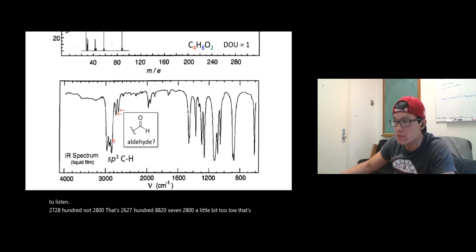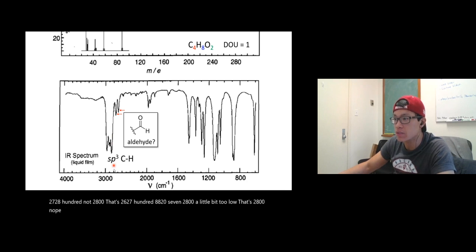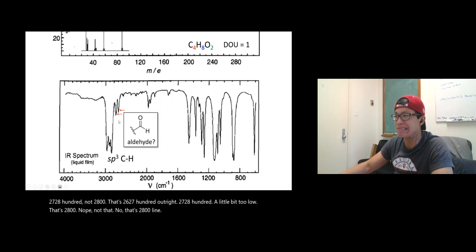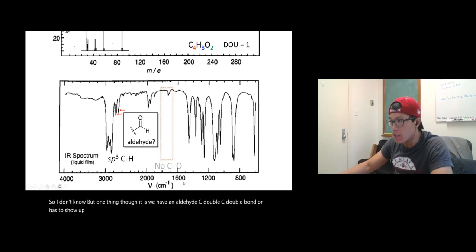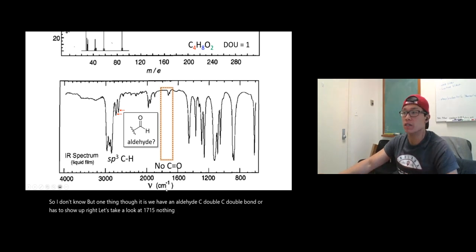That's 2800. Nope, not that. But one thing though: if we have an aldehyde, the C double bond O has to show up, right? Let's take a look at 1715. Nothing at 1715. These are not aldehyde.